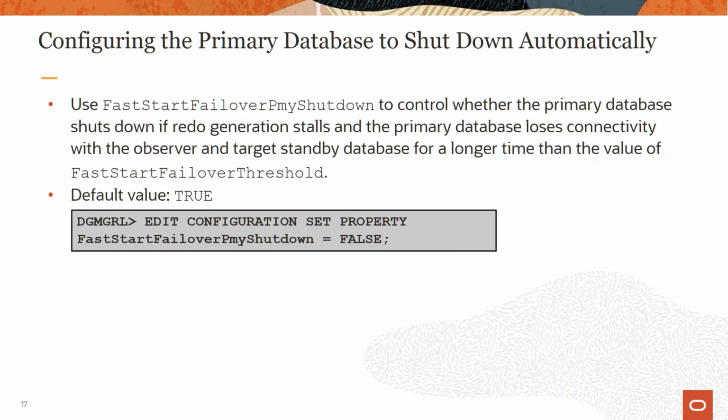But you can set it to false. Before shutting down the database, you may want to troubleshoot. You want to keep your database in its current state, so you can troubleshoot to see why it happened. That's one possible thing you can do.